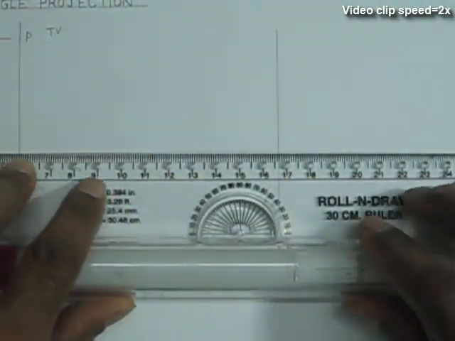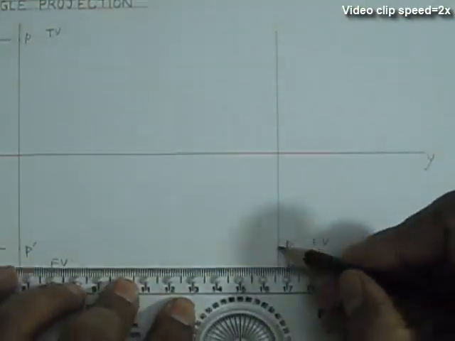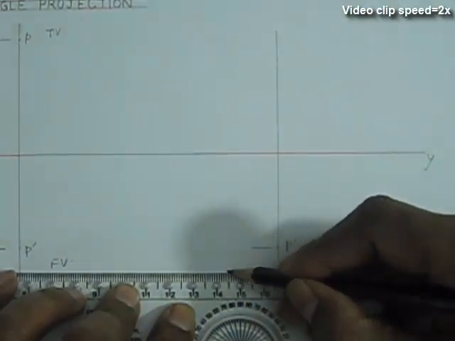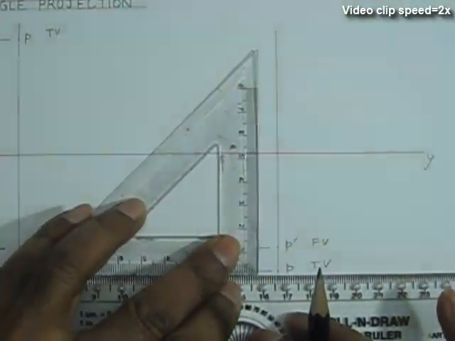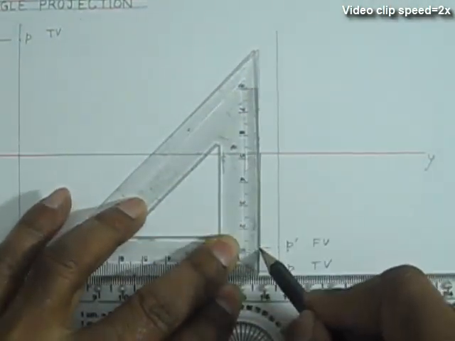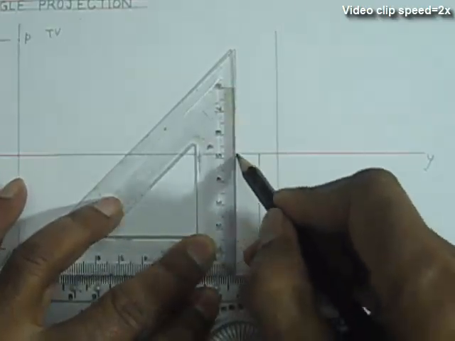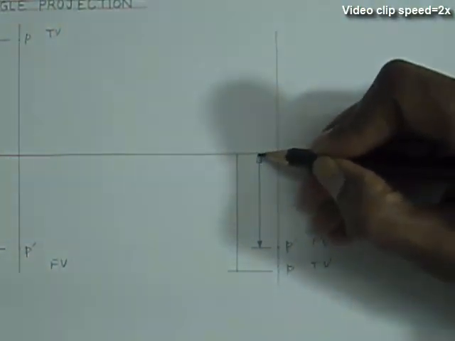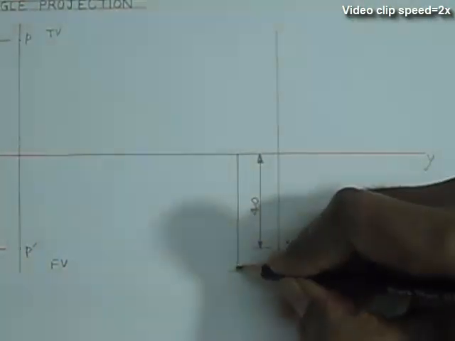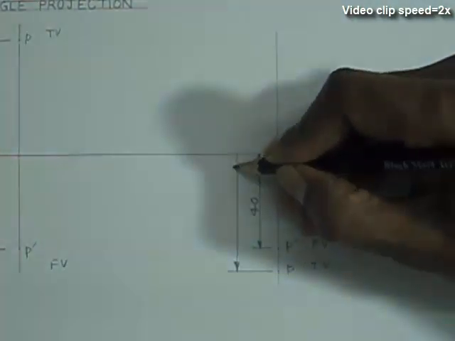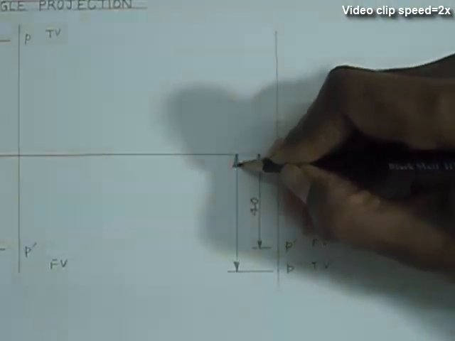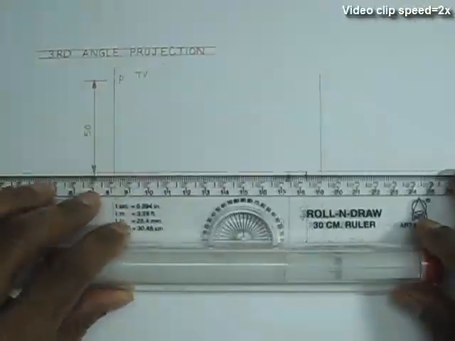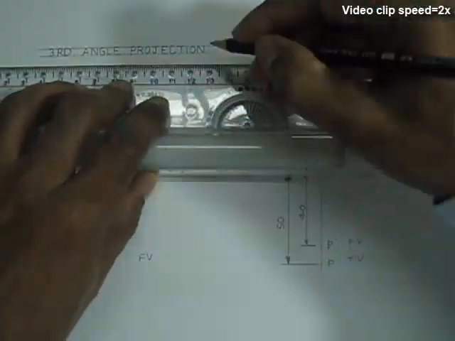Finally, we can do the dimensioning of the front view and the top view. So this is the projection of a point in the fourth angle projection system.